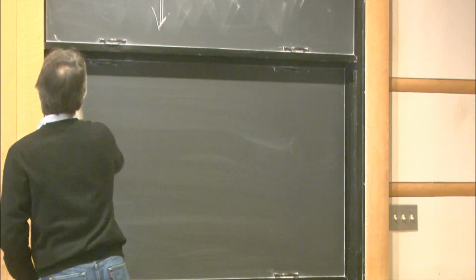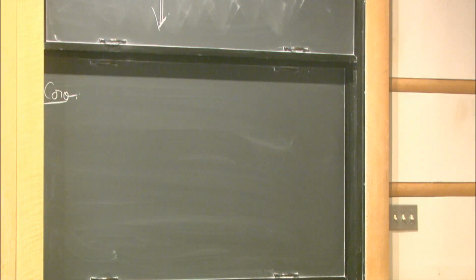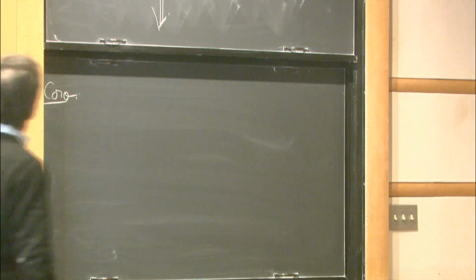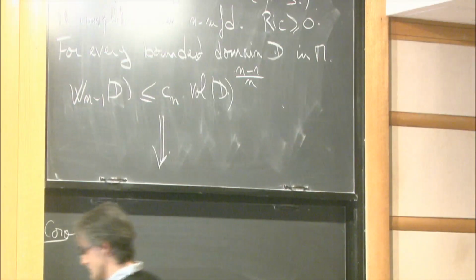Say now that M is closed and you take for the domain the whole manifold. So here would be the width of the manifold and then the volume of the manifold, not just the domain.